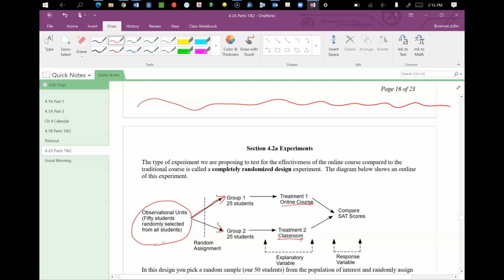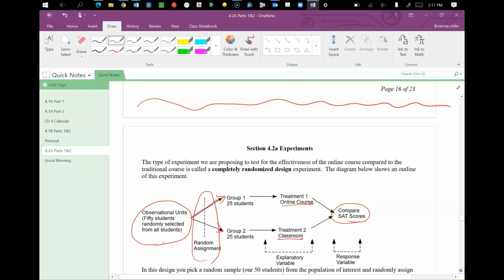The classroom is what I think of as the control group. And we note that we have randomly assigned the subjects to one of the two groups, and then we compare SAT scores after they've taken the courses and the SAT.